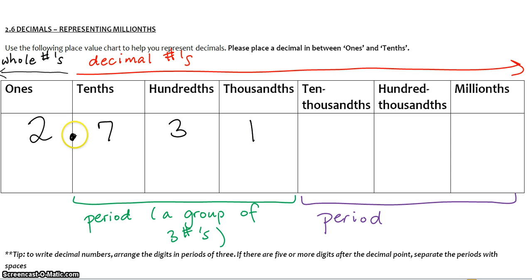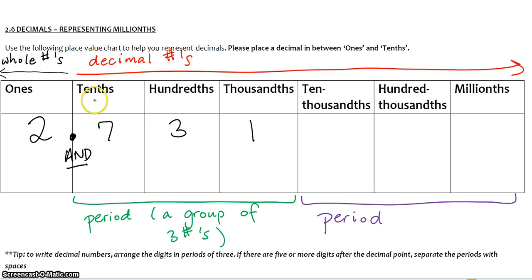Pause the recording and see if you can say this decimal number to yourself. I'm going to continue. So this decimal number is read as 2 and, remember that we use and for the decimal point, 2 and 731 thousandths. Again, I'll repeat that. It's 2 and 731 thousandths. Okay?